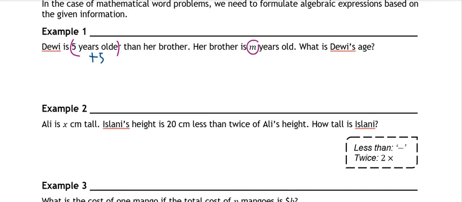M could be any number, but since we're dealing with algebra, you can use any alphabet that you want. So when her brother is M, Dewi should be 5 years older, right? So basically Dewi's age will be M plus 5 years old. So that's example number 1.